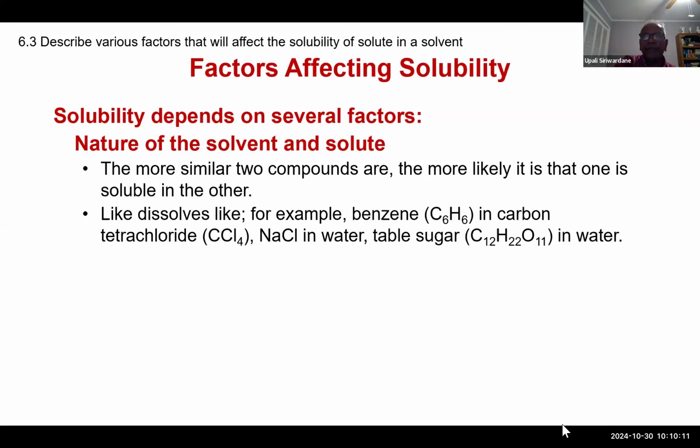Out of these, benzene and carbon tetrachloride are similar. They are non-polar, therefore they mix. Sodium chloride and water: sodium chloride has charged ions, cations and anions, and water has a dipole. Ion-dipole is the interaction.